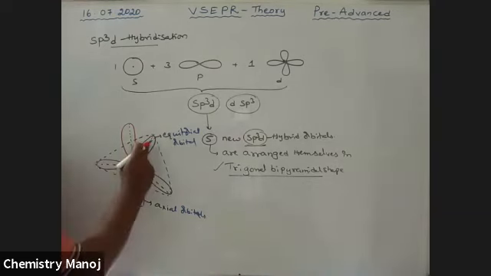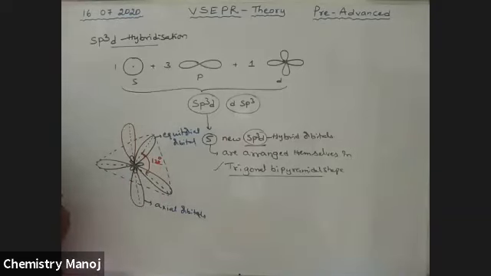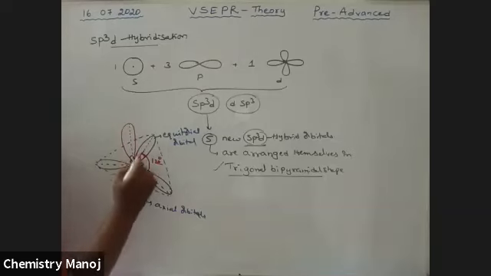Within the plane, the angle between the orbitals is 120 degrees. Now, between the plane and above or below, the angle is 90 degrees.